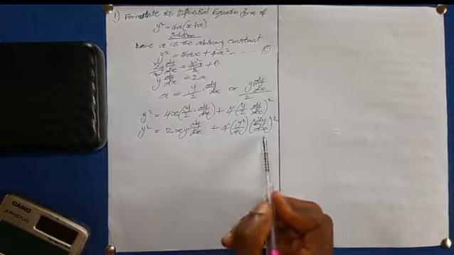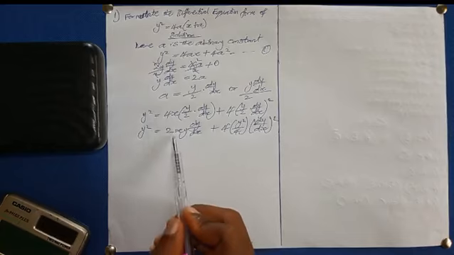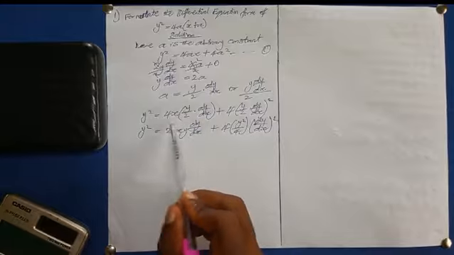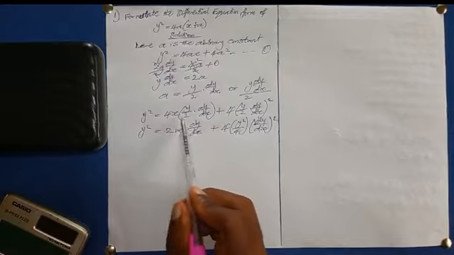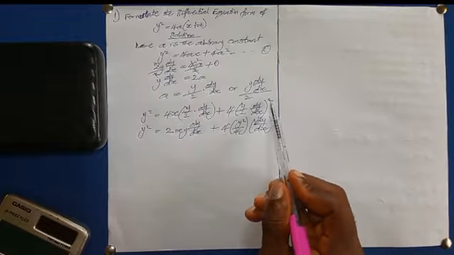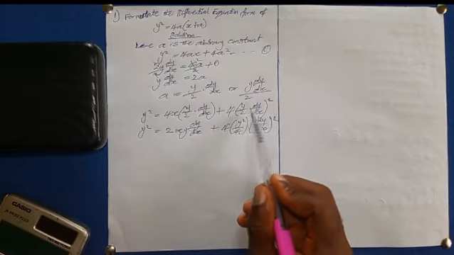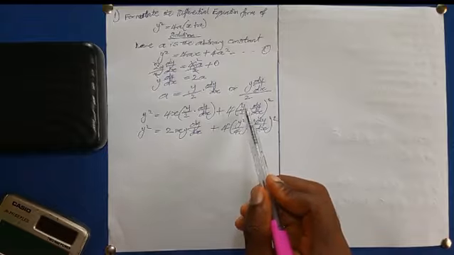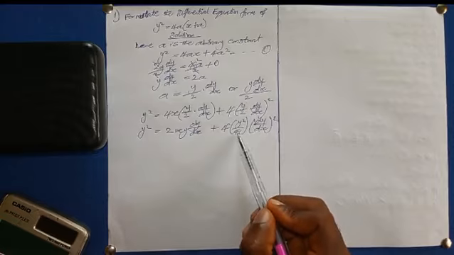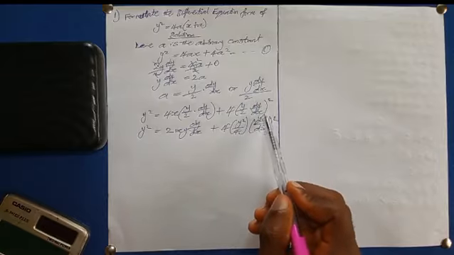So I wanted to write it out first before I come back and explain it. From here we get here. How do we get here? This 2 cancels this 2, that's why we have 2x. The y comes in, like removing the bracket. This 2 cancels this 4, 4 into 2 into 4 will be 2. And then coming here, plus, the squared here, this times this gives you this times y. This squared will come to y, and 2 squared will be 4. Because there's a multiplication sign, you do them separately, they are not together.